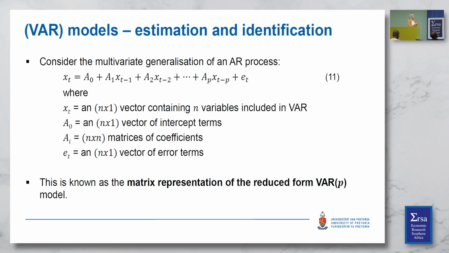So if in the literature, if you look at the paper, it will most likely be that we write the VAR as this, and then just say that my X vector contains interest rates, inflation, and output or growth.